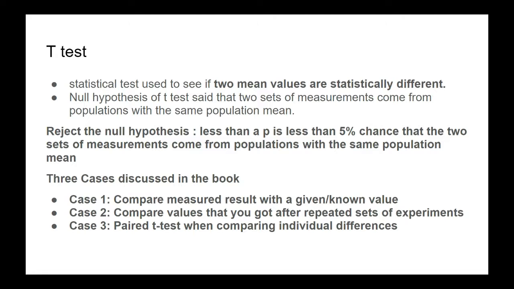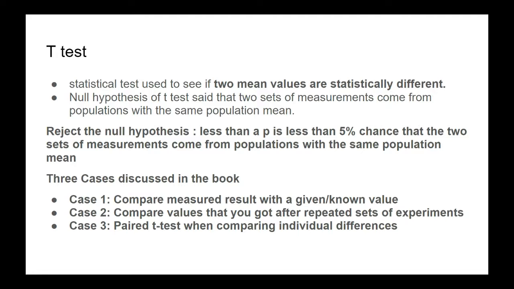In the book, they divided the t-test into three different cases with three different approaches and three different formulas, but overall it's the same idea. The first case is when you're comparing measured results with a given or known value.